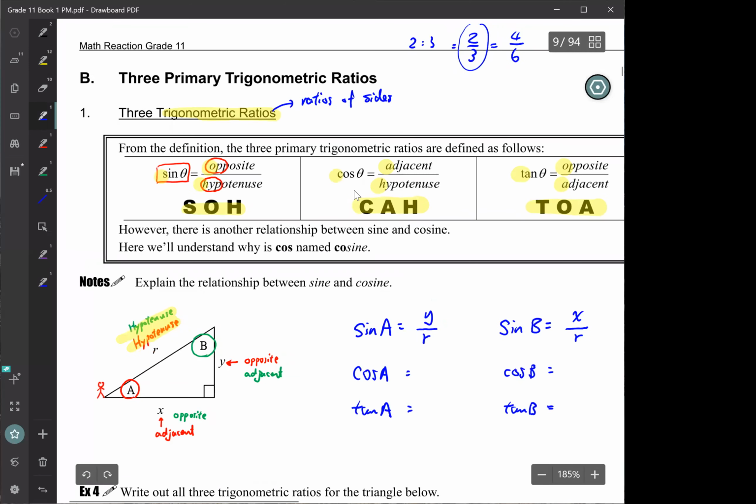Using the letters X, Y, R. If you're looking from A, then you look at the red, okay? If you're looking from B, then you look at the green.